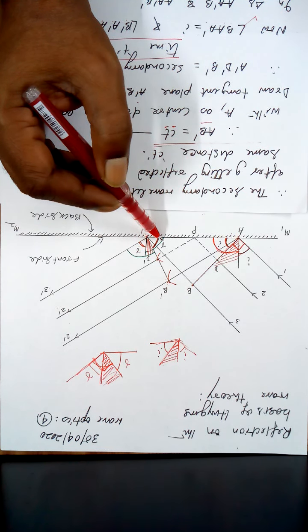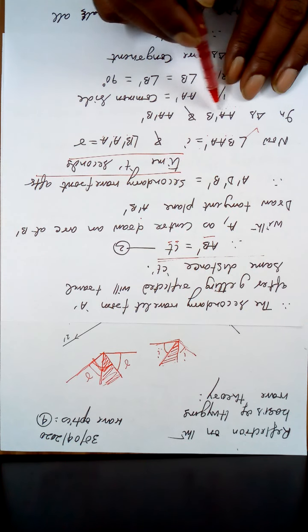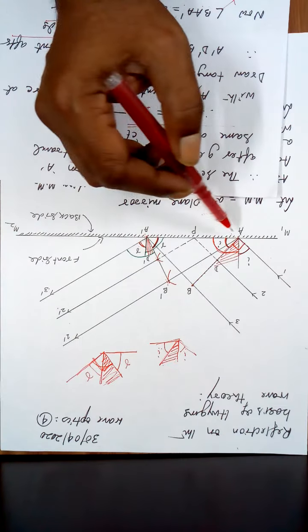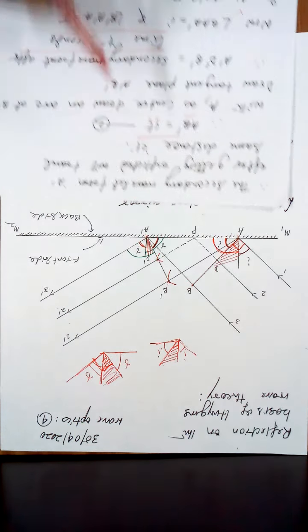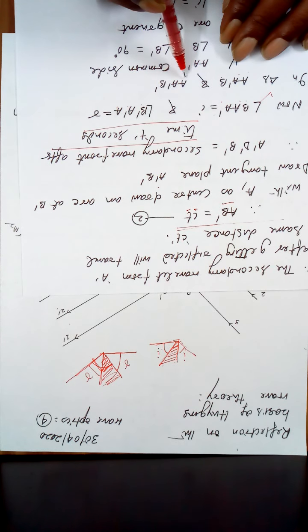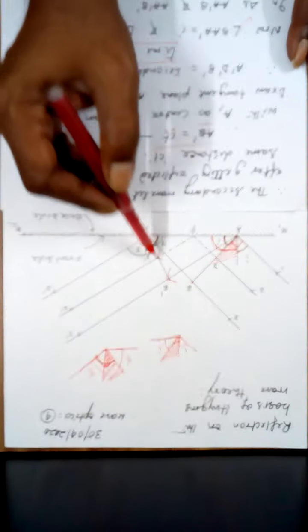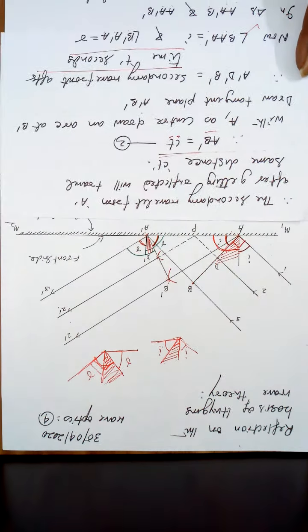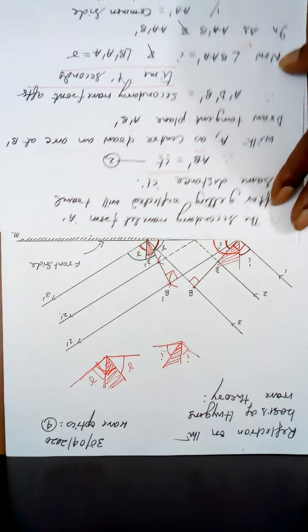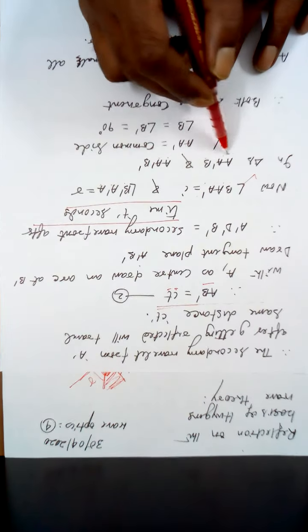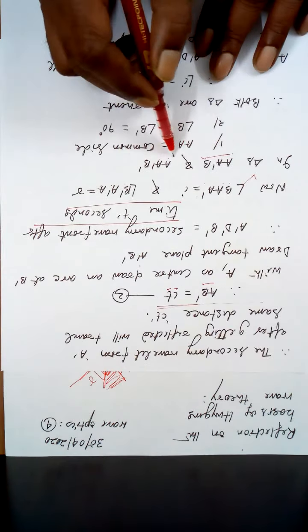Now look at the triangles. Now triangle A dash B and triangle A dash B dash. There are two triangles. In both the triangles, this is 90 here, this is 90 here. Now A dash is the common side. In both this triangle and this triangle, A dash is the common side.